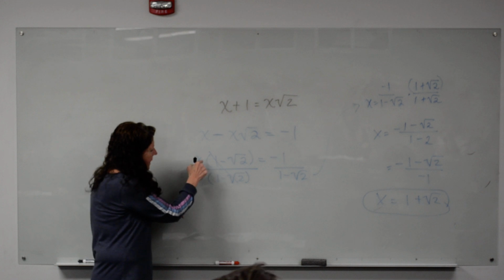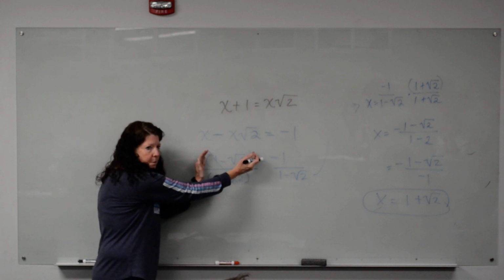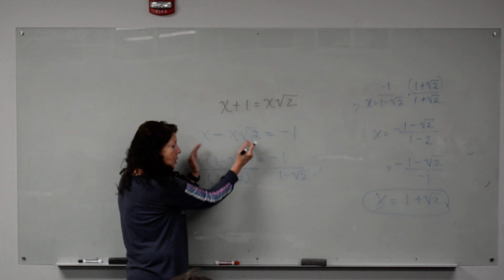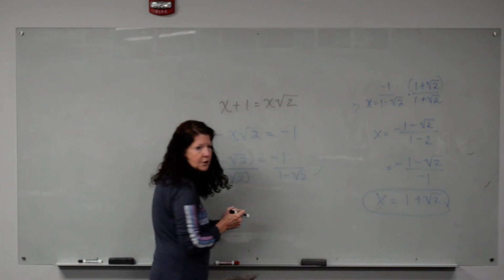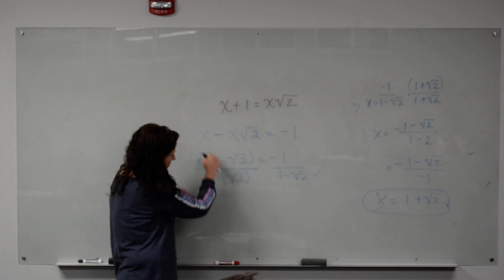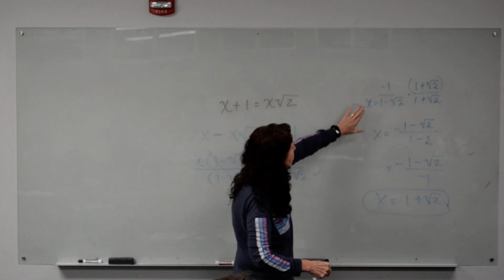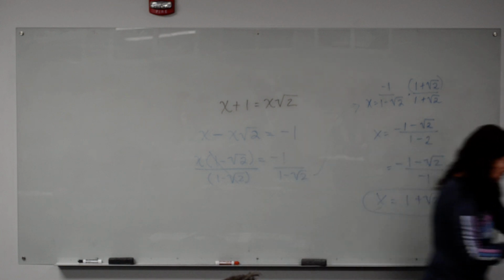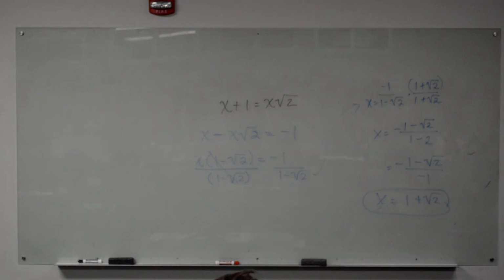Then I want that x by itself, and this is multiplied by it. So to get rid of something that's multiplied, I divide. What I do to one side, I have to do to the other side, okay? This cancels out, so I come up here and I have x is equal to negative 1 over 1. What's that odd?